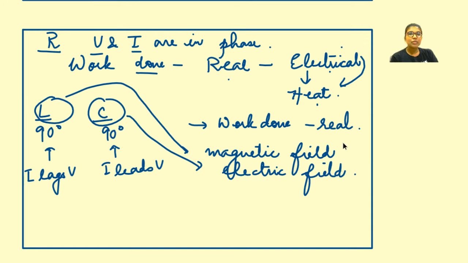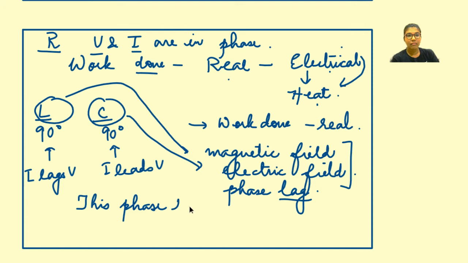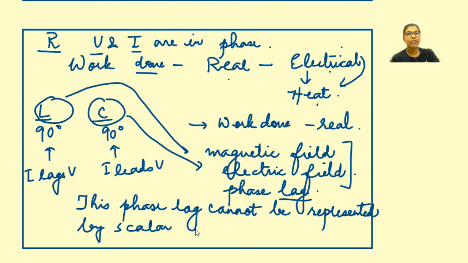And why are these fields being generated? Because there is a phase lag. There is a phase lag in both these components by 90 degrees. And as the work done by them is not real, you cannot represent this phase lag by scalar representations.